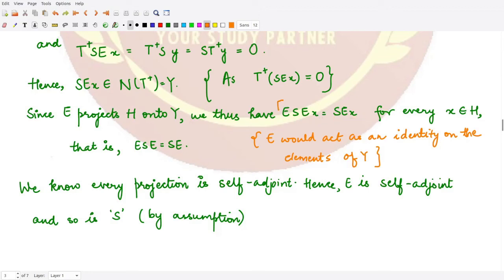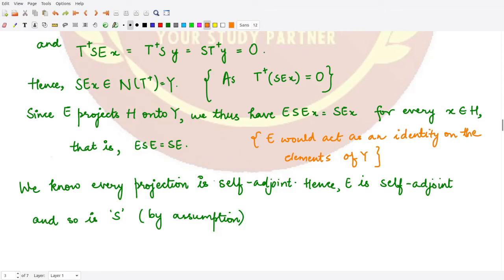Now if you look at this thing more closely, if you take x as any arbitrary element from H, in that case these operators are equal to each other. E S E is equal to S E, right? So this is one thing that we obtained from here.